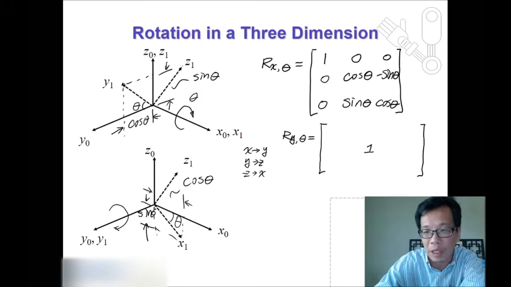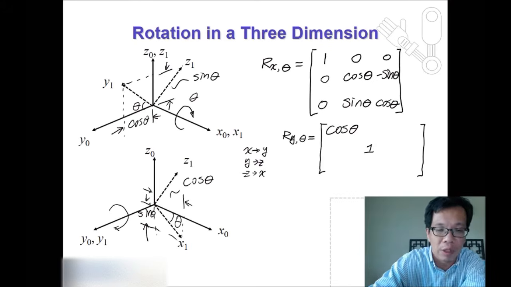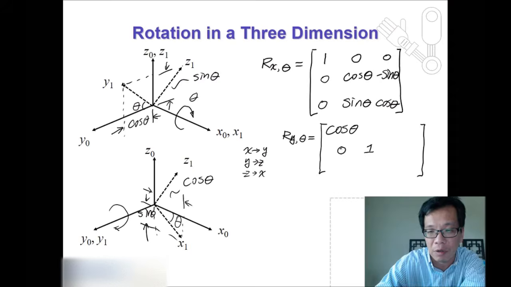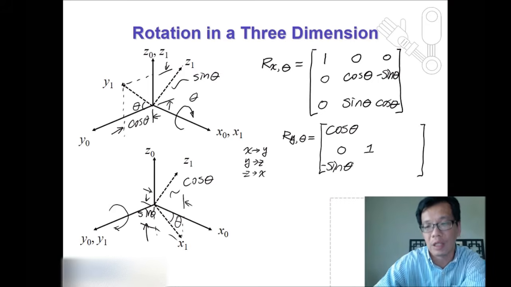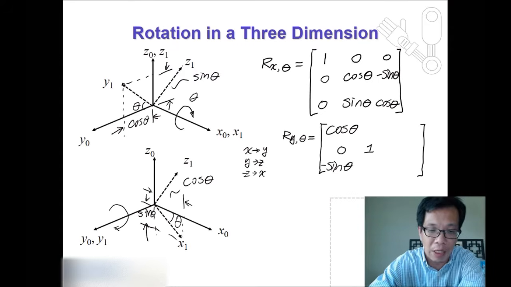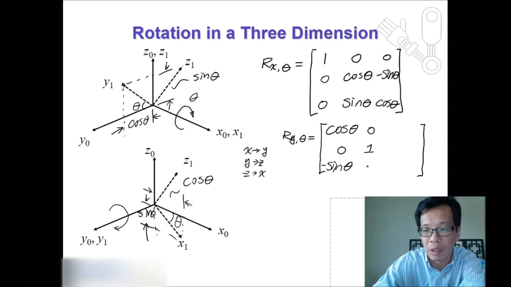So let's put everything into this matrix. So we're going to have cosine theta in this component, and we do not have any projection along y-axis. So this component over here is 0. Along z component, we're going to have negative sine theta. For the second component, since we are rotating about here, it's going to be 0 and 0.